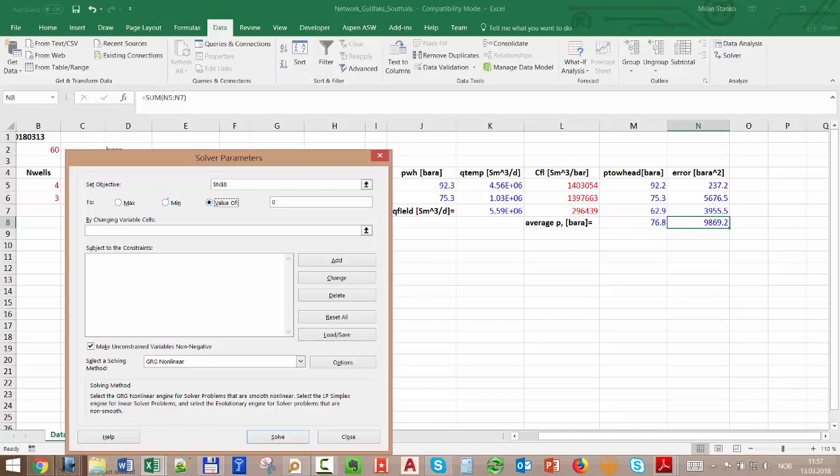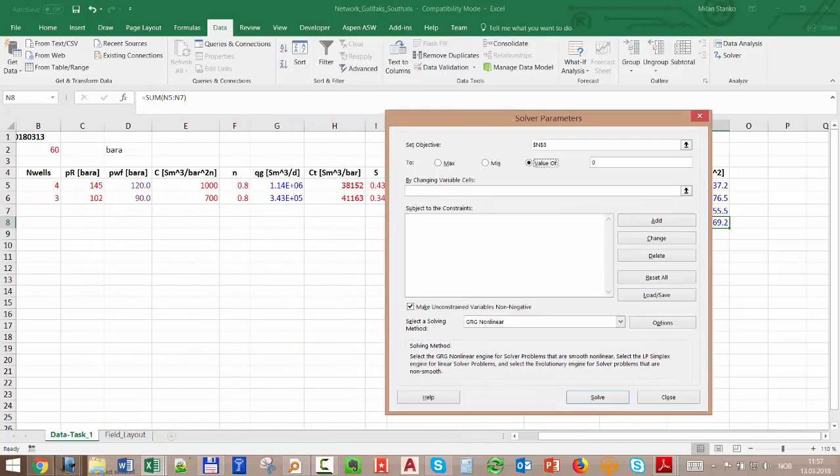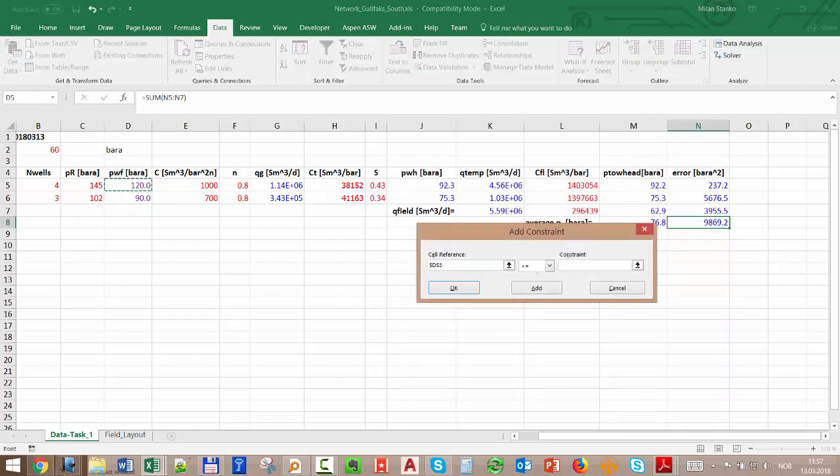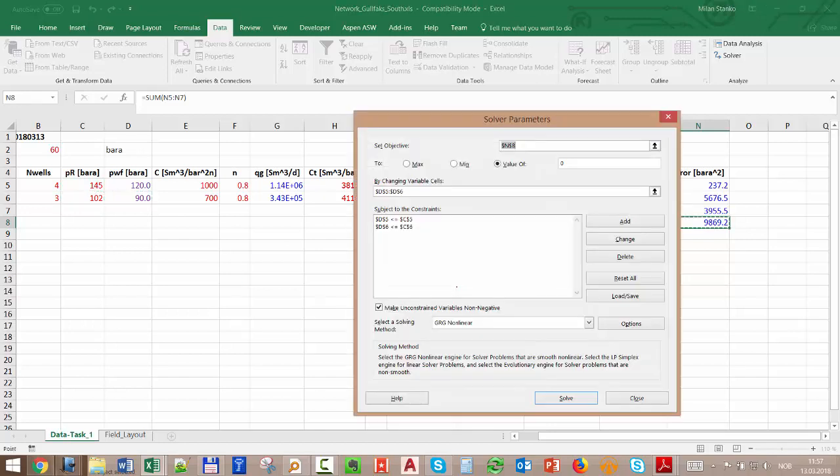The minimum will be zero because they are squared. And by changing these two, I can give some help to the solver. I can say this one has to be less or equal than reservoir pressure. You cannot try with 150, for example. It will be non-logical. And another one is that this pressure should also be less or equal than that number.